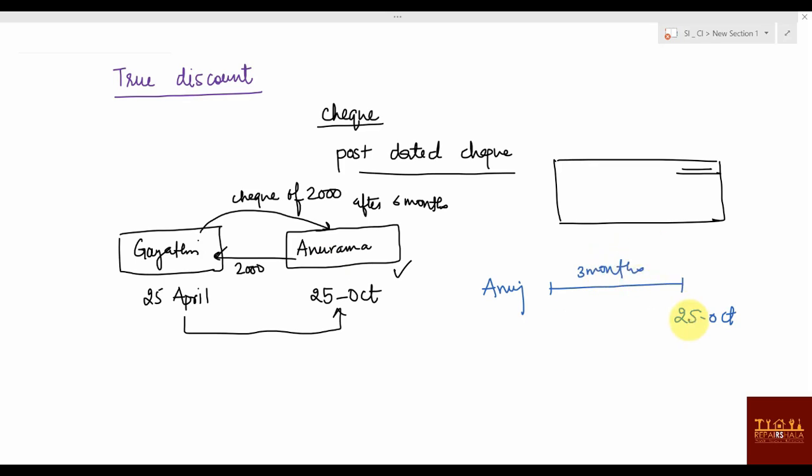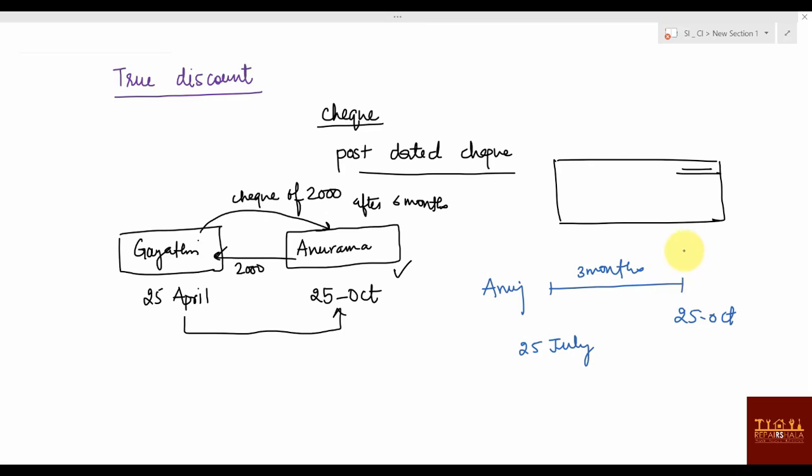Three months before October means July. So on 25th July, Anurama will approach me and tell me that somehow I have to do something with this check and help her.